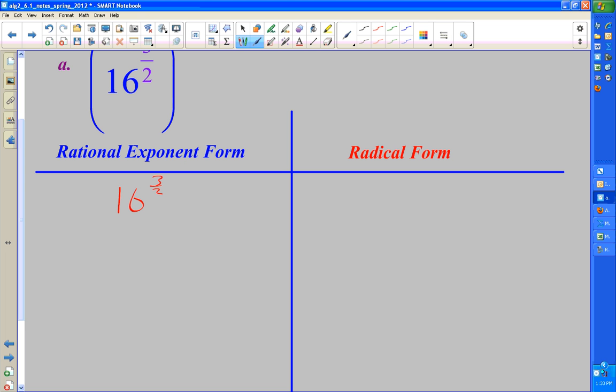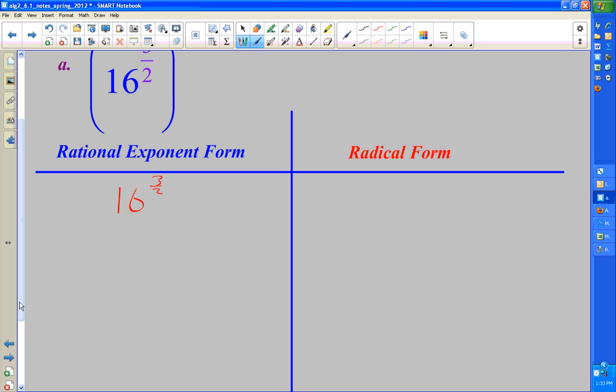What's something else I can do with the 16 besides switch it to radical form? I'm just talking about the number 16. You could rewrite it as 4 squared.